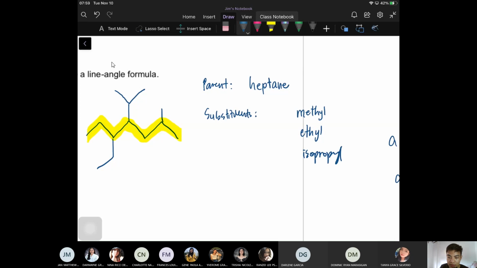Okay? Then, ano yung next na ginagawa natin? Numbering of the carbon atoms, no? So, whenever we are numbering our carbon atoms, we can do it in two directions. Pwedeng left to right, then right to left, no? So, ngayon, start tayo mag-number ng carbon, left to right, then right to left. Okay? So, kulay pink pag left to right.